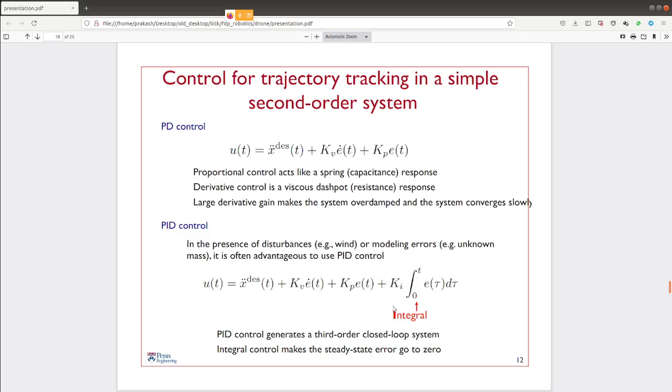Now if you see, at some certain conditions we will observe some disturbances. The disturbances are due to wind. There will be some wind, and suddenly I will have an extra component of acceleration, or sometimes even there will be a mistake in my model, or sometimes it has to carry something and drop something, things like that.